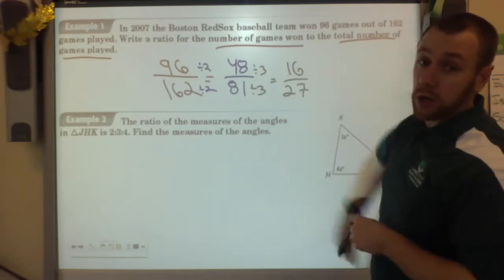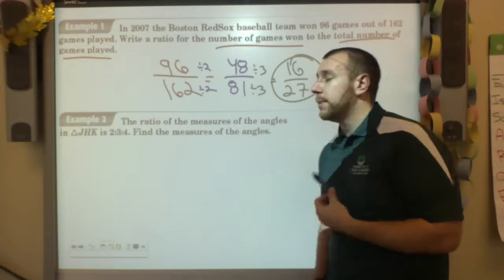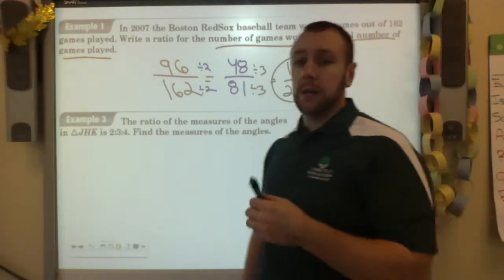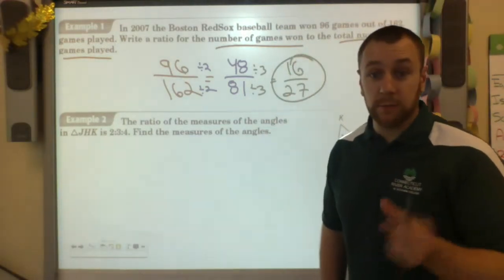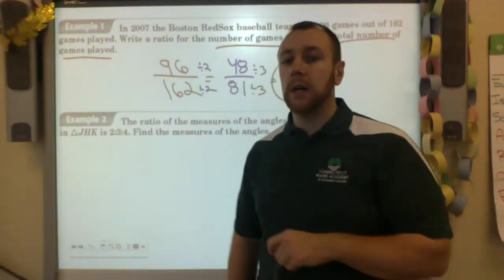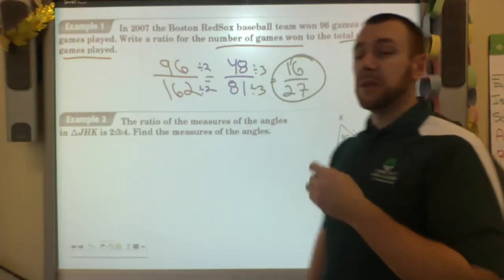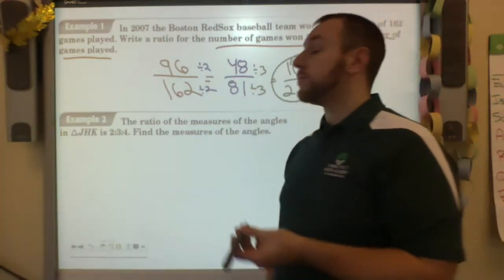Now, those aren't reducible. Done. There is another trick to this if you have a blue calculator, a TI-30X2: there's a little button that will help you reduce. Oftentimes, some of these ratios aren't reducible.